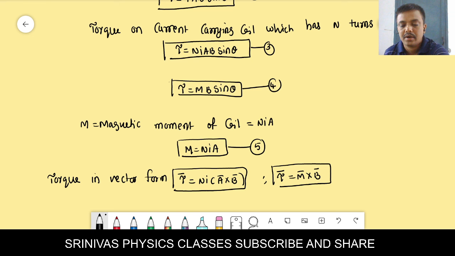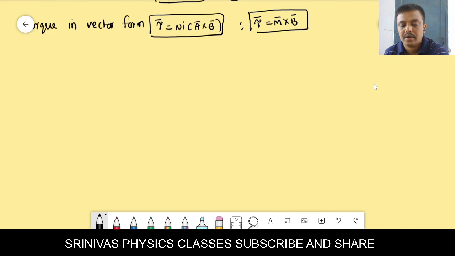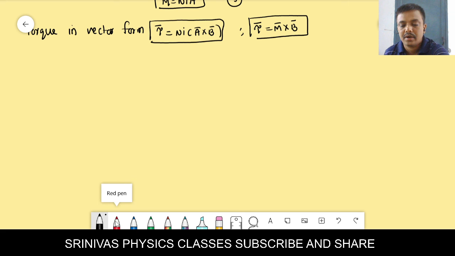Now let us go for some cases regarding this. What is the torque formula we got here? The torque formula we got is NIAB sin theta. What is theta here?